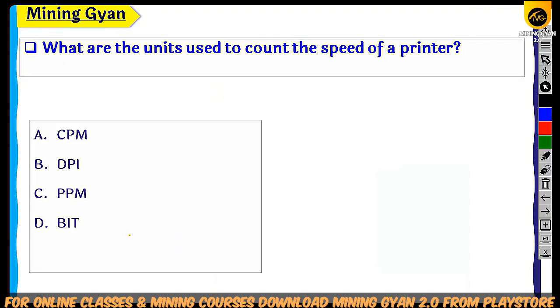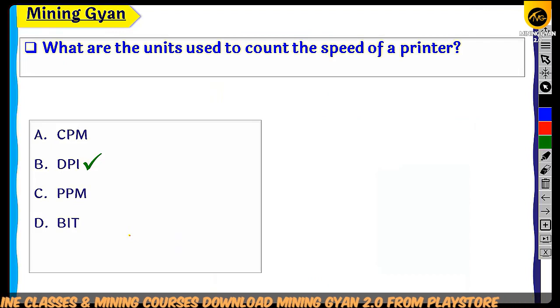Option B, DPI, dots per inch. So basically the speed of a printer can be calculated by using the unit DPI, dots per inch. So option B, DPI, is the correct answer.